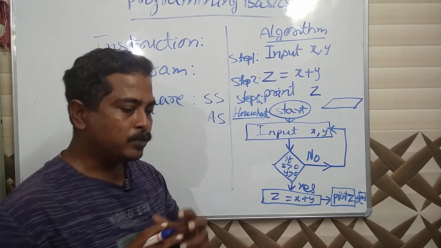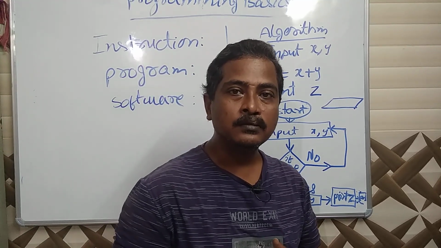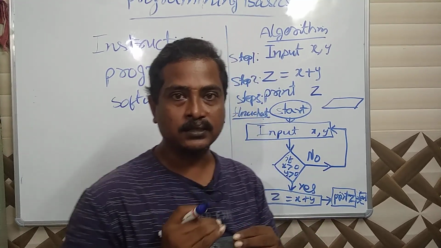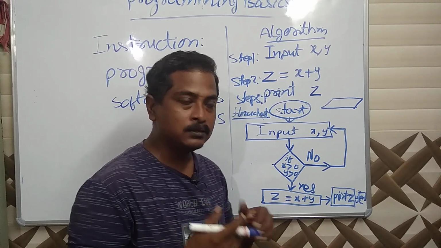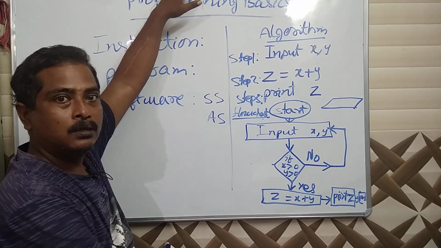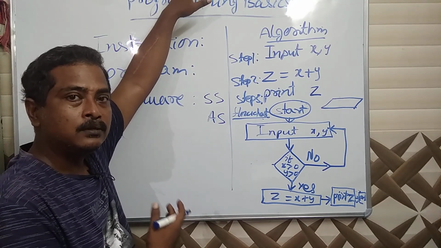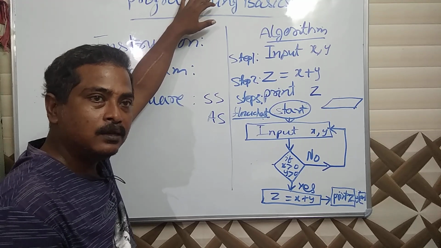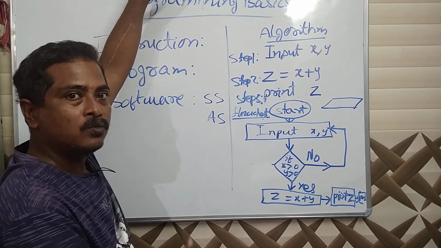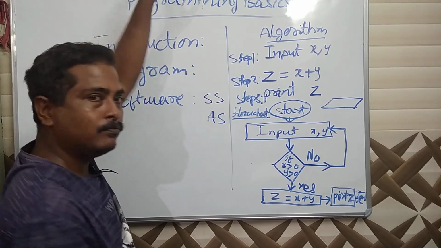Now see, suppose my program is 10 lines, 10 instructions. I can draw the diagram. Suppose my program is 100 instructions, the diagram will cover the blackboard. If my program consists of 1000 instructions, this board will be a shortage, I have to take more board.